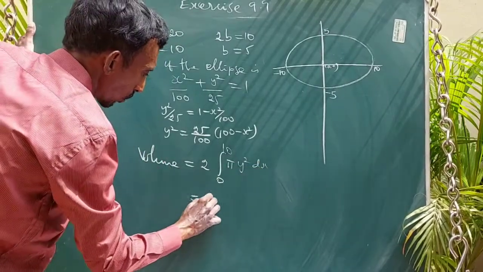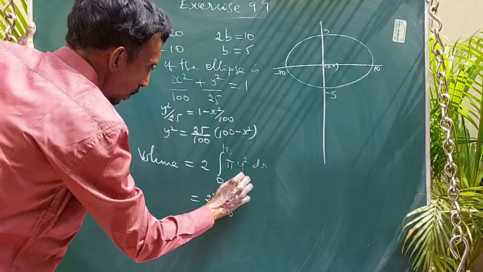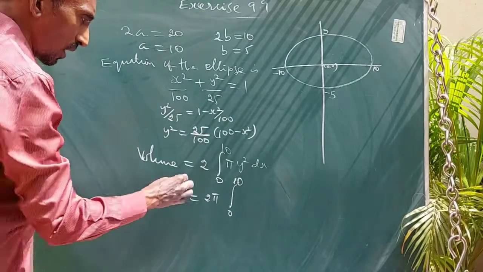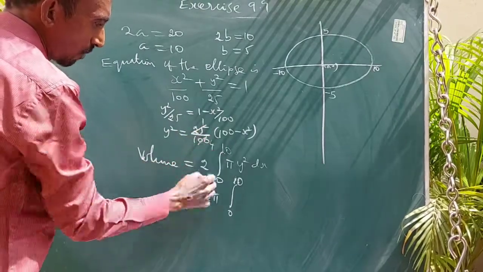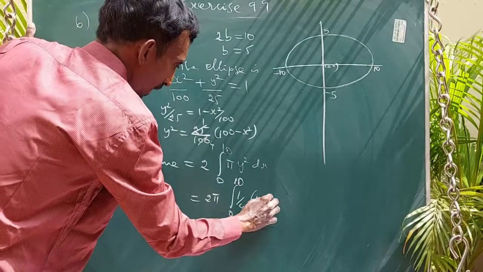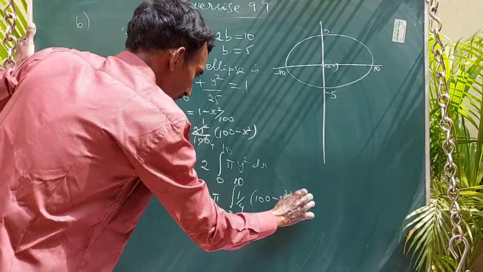So 2 pi integral 0 to 10, y square value, what is that? If you want, you can cancel, 1 by 4, so 1 by 4 into (100 minus x square) dx.